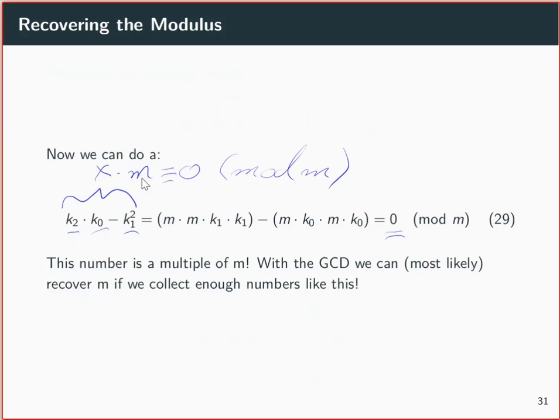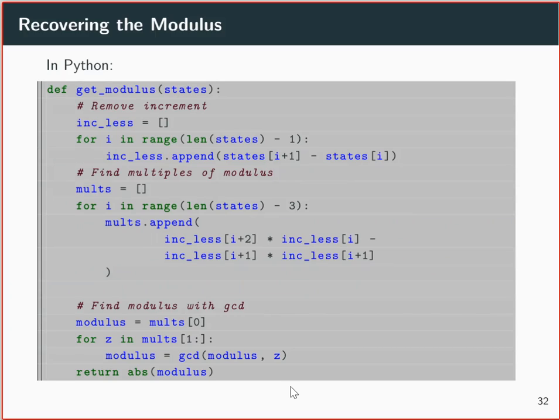So with the greatest common divisor, which is an efficient operation, we can always use the GCD. Once we have collected enough numbers like this, we can most likely recover m. There's a bit longer function in Python implemented, and it recovers the modulus just by outputs.